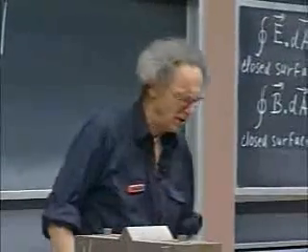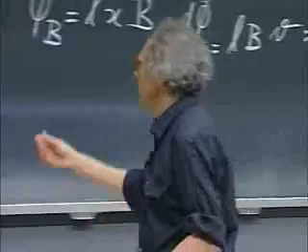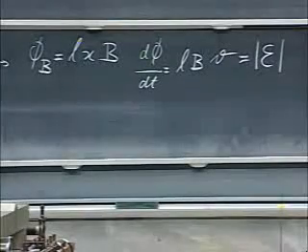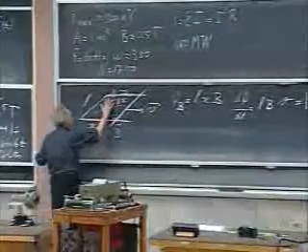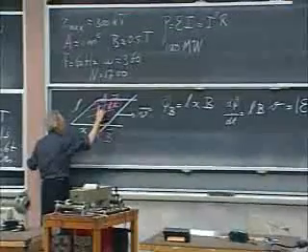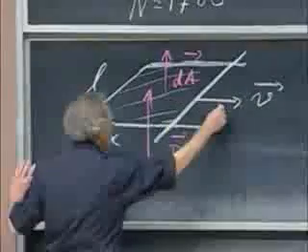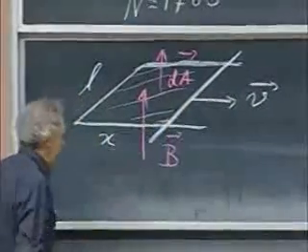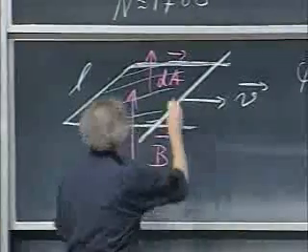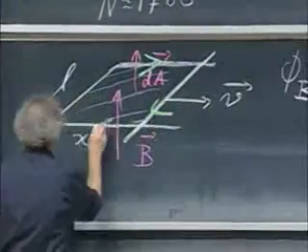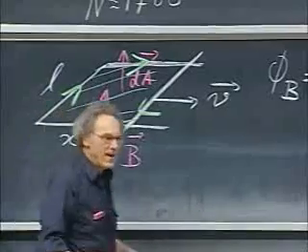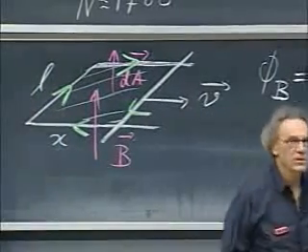I always know the direction. Because I know if I move this to the right, the flux is positive, the way I have chosen my dA. And as I move it to the right, that flux is increasing. And so I know that the current is going to run like this, which then creates a magnetic field that opposes the change.